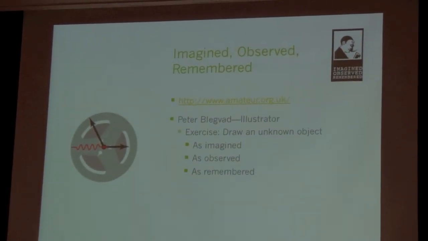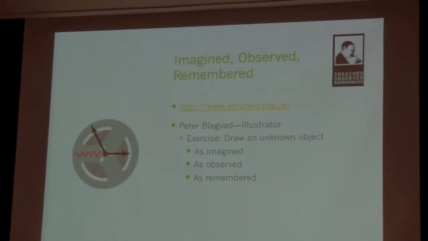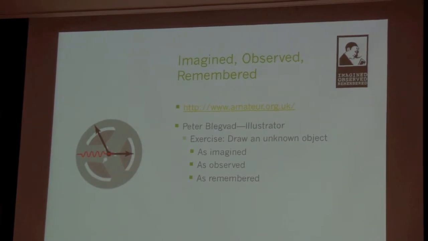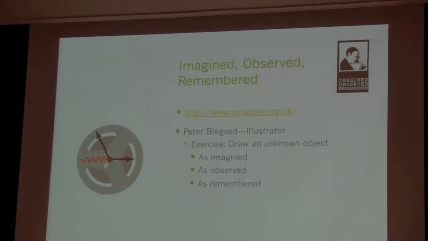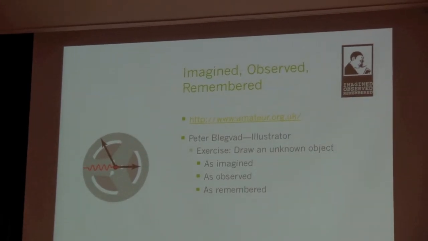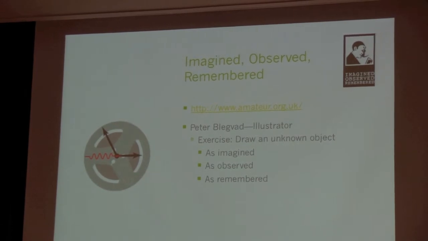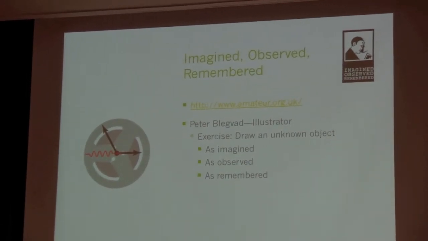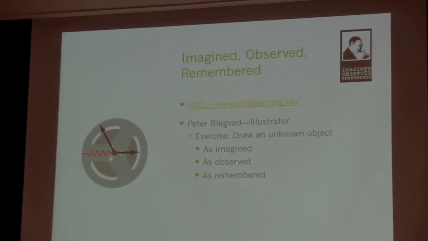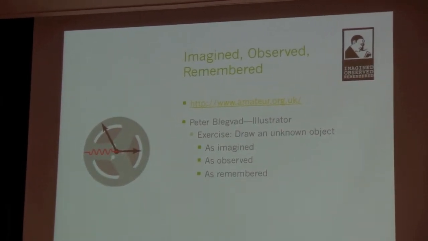And I found a graphic illustrator site from Peter Blegvad, and this site is called amateur.org.uk. He described an experiment where he would imagine something that he had never seen before, and he would draw what he thought it would look like.